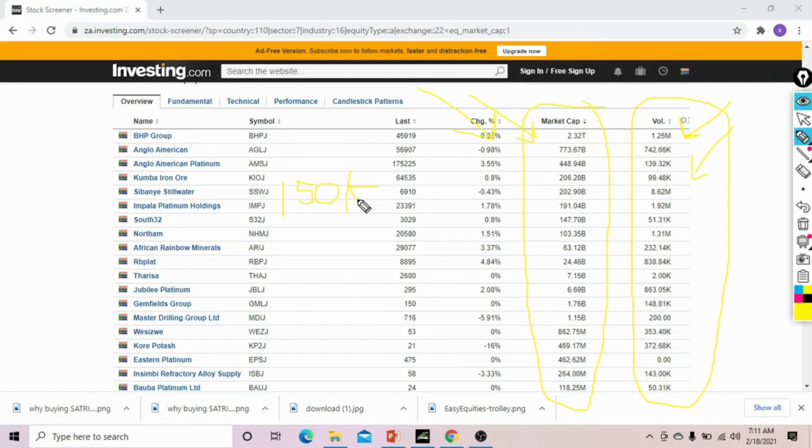If you bought that company and it's doing badly, and now you want to sell, but the number of shares exchanged per day is too small, it will take days or weeks to sell your stock. Meaning now the stock owns you. You thought you owned the company, but now the company owns you. You cannot sell it. That is the trap. So that's the reason why I'm highlighting these two important concepts: the volume and the market cap. I hope you understand that.